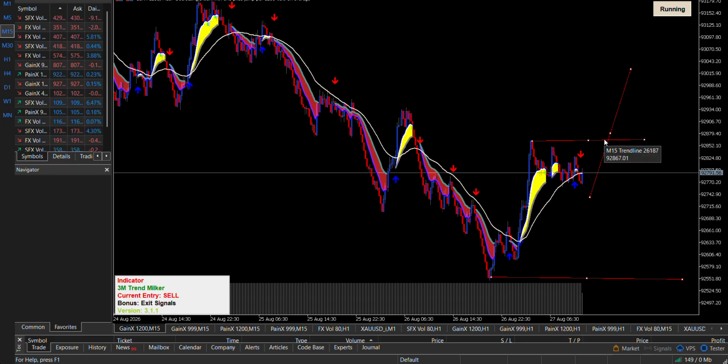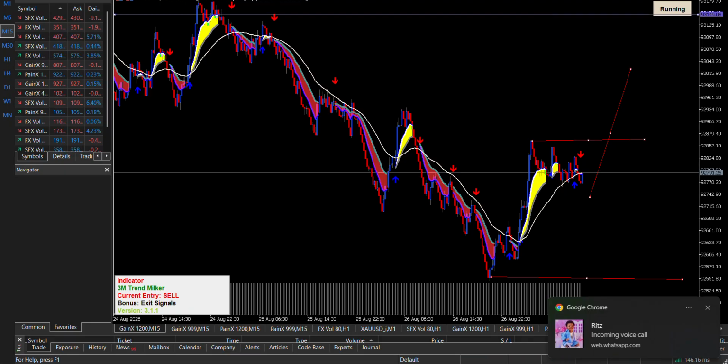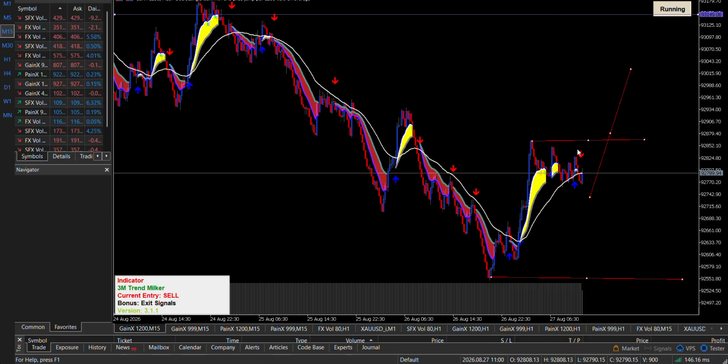Then that should take you across this particular structure. So it's going to break that structure at that point, and that means it is going fully on an uptrend. And if it is going fully up, then we should see it getting to this region easily. So let's see how that is going to play out at the end of the day.